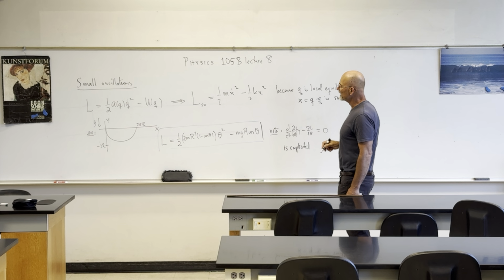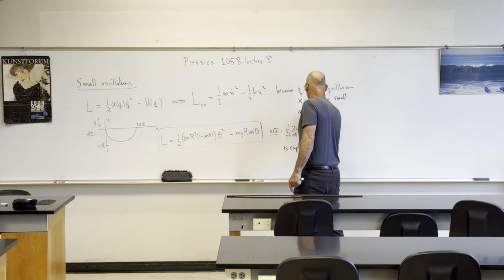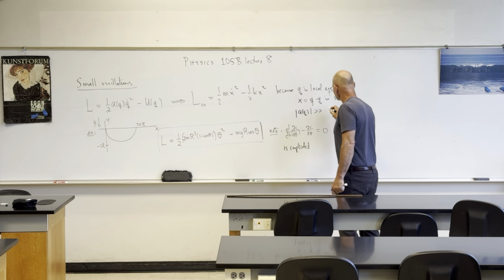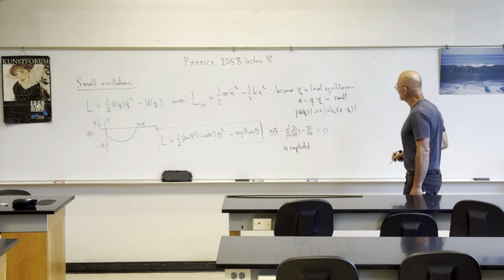And then we said A of q naught has to be much greater than A prime of q naught times q minus q naught. I'll put magnitudes around there.